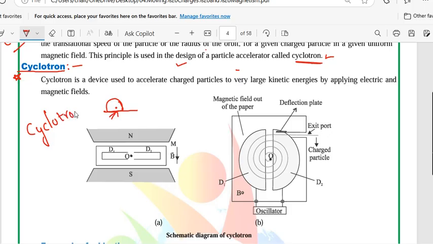Cyclotron. So this device consists of some kind of criteria. It is having some kind of kinetic energies. By applying the electric field, we can accelerate the particle. So in that condition, we need to apply large kinetic energies and also electric and magnetic fields.